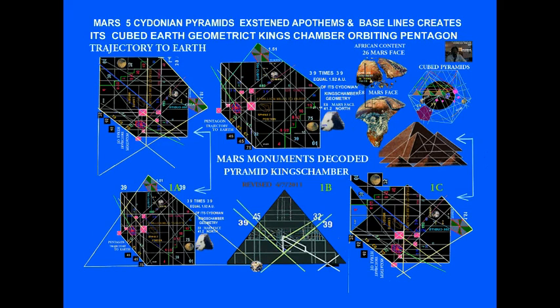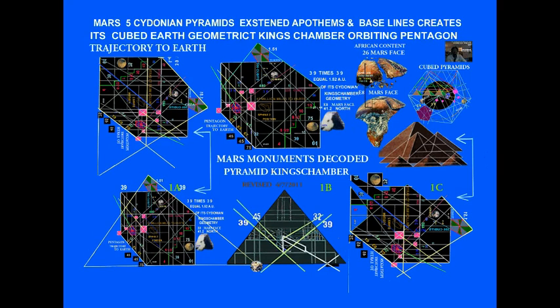So extending the apotems from the first of the 5 Cydonian pyramids towards this huge pentagon on the Martian land surface, we see a 51-degree triangle.